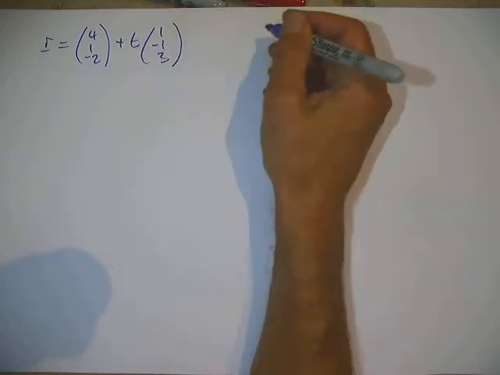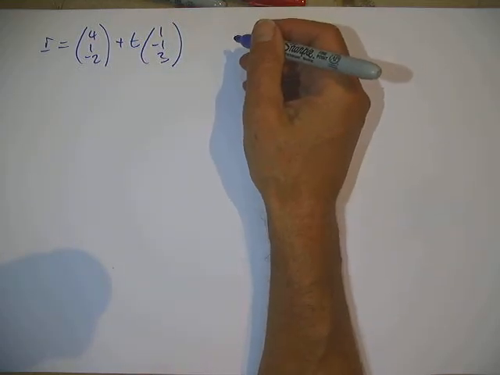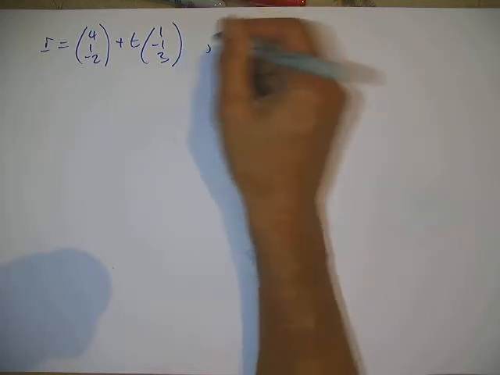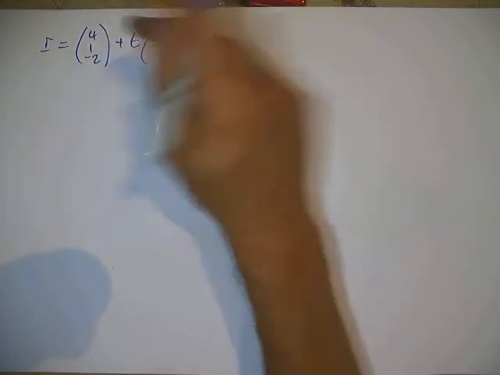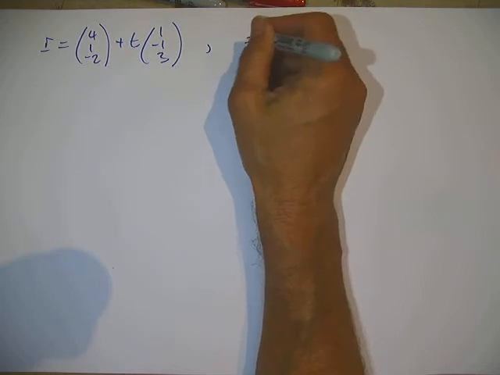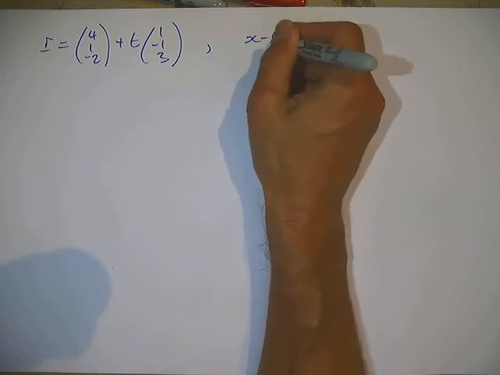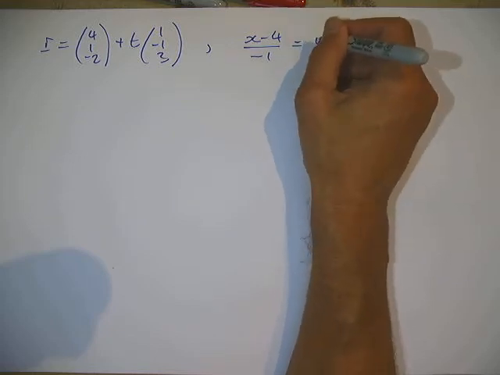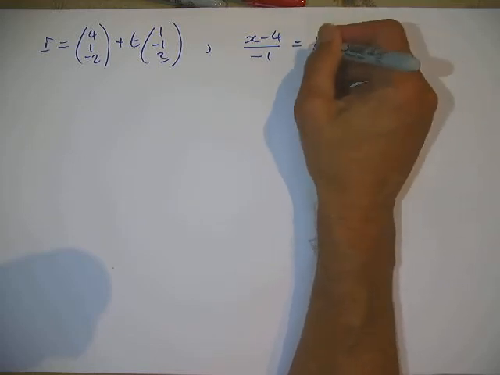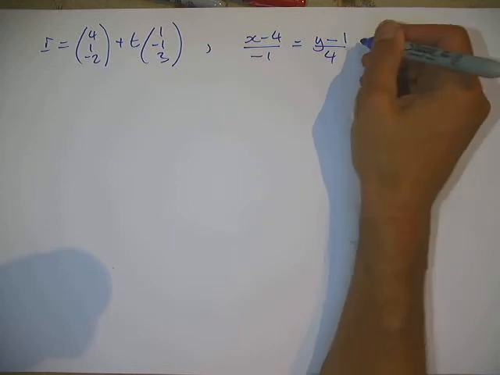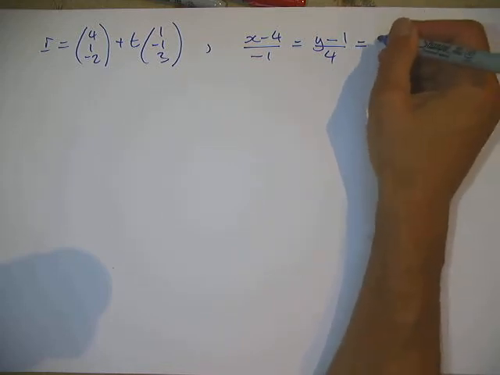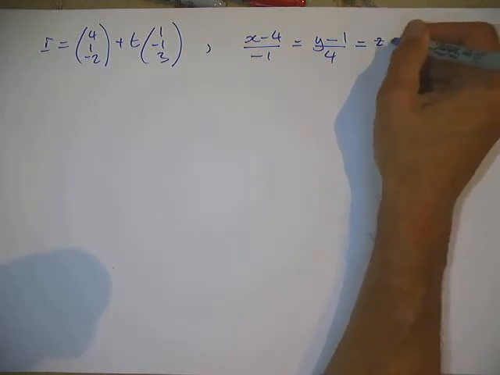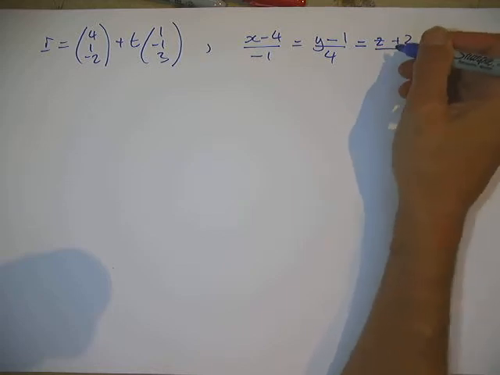Oh, no, I'm going to mix things up a bit. In the book, it has them both in vector form. Let's do the other one in Cartesian form. So that's one line. If the second line was x take 4 over minus 1 equal to y take 1 over 4 equal to z plus 2 over 1.